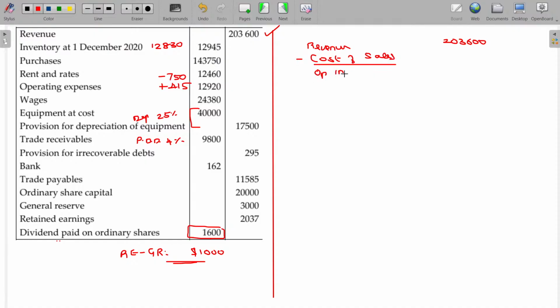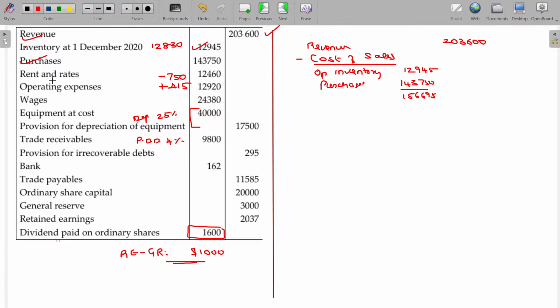Opening inventory being 12,945, and with that you have to add the purchases 1,43,750, total value being 1,56,695.